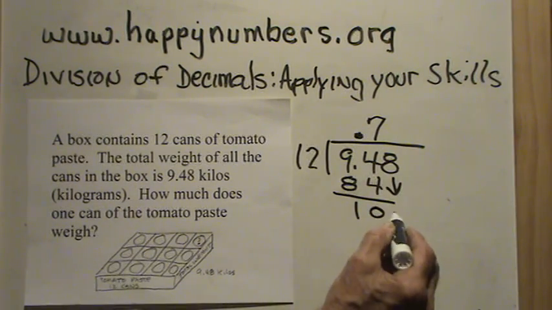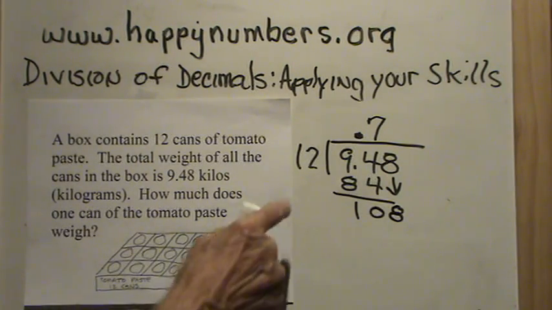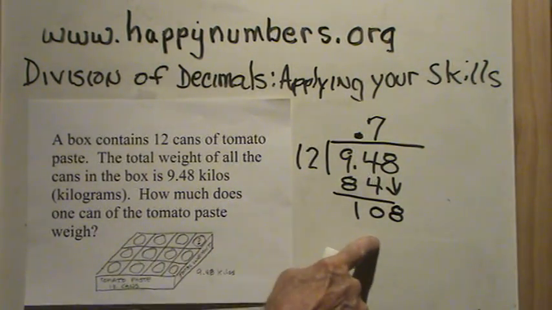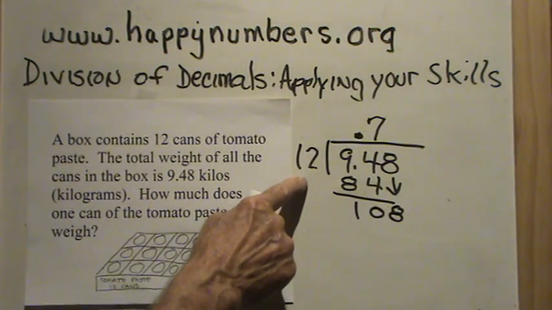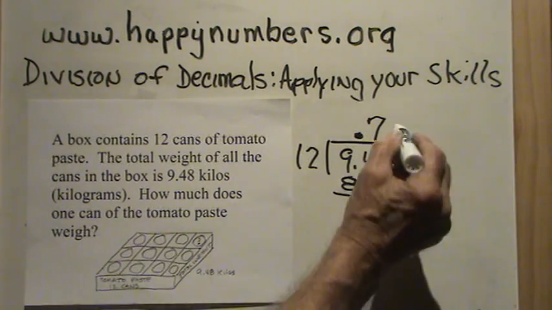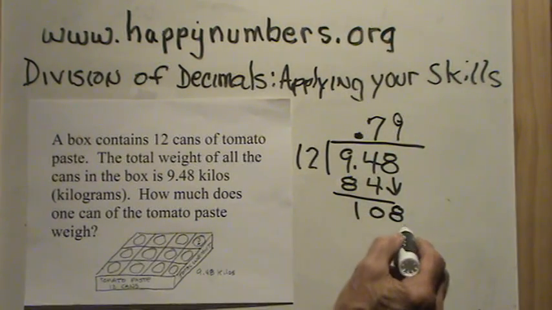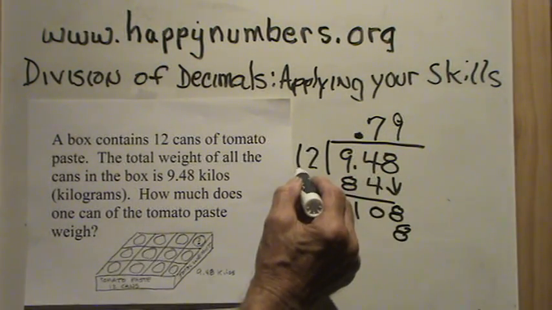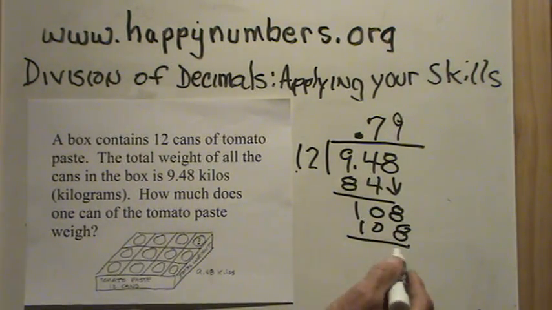Bring down the 8, and I get 108. 12 goes into 108. Well, I know 12 times 10 would be 120. So I'm going to say 9 because that would be 12 less. 9 times 2 is 18. Carry the 1. 9 times 1 is 9 and 1 is 10. Okay, good. So the problem is over.